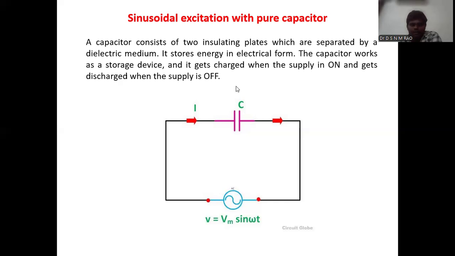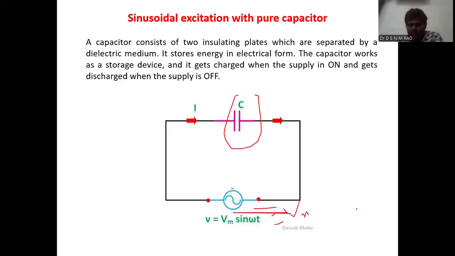So here we can observe a pure capacitor which is excited by AC supply. Let us consider a sinusoidal AC signal applied across the pure capacitor, taken as V equals Vm sin omega t, which can also be written as Vm at an angle of 0 degrees.